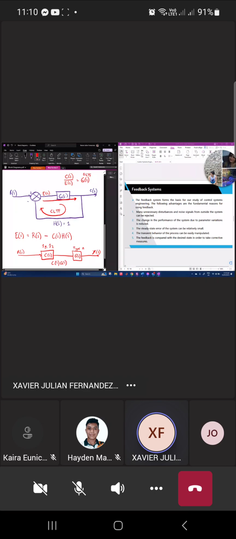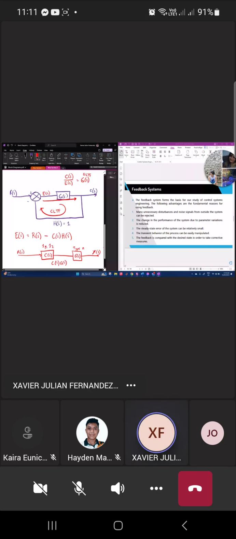But this is not observable in practice, because the controller is useless if you don't have an error signal. R of S is not an error signal. You need a comparator or a summer to measure the error signal. So let's delete that.